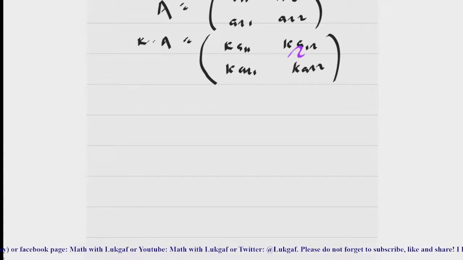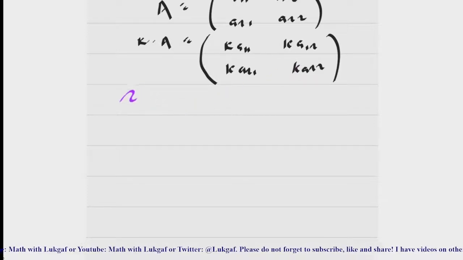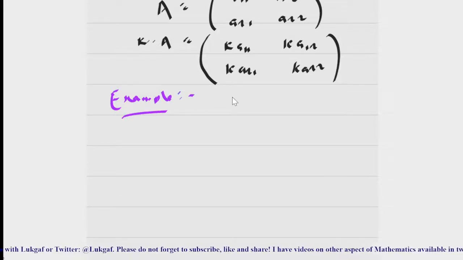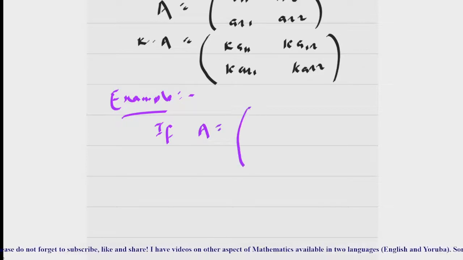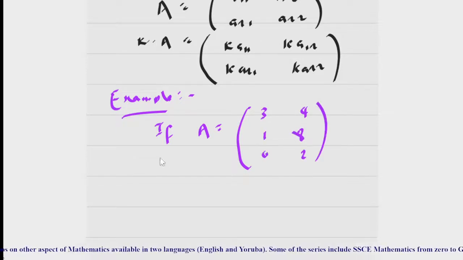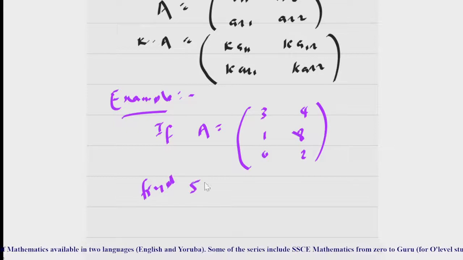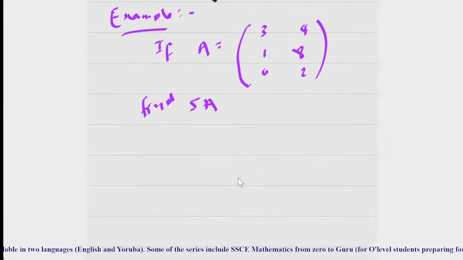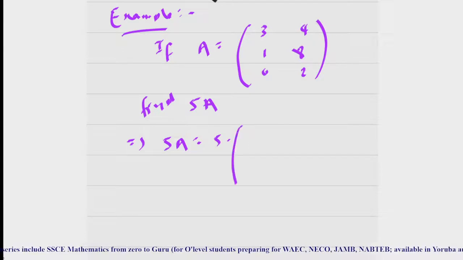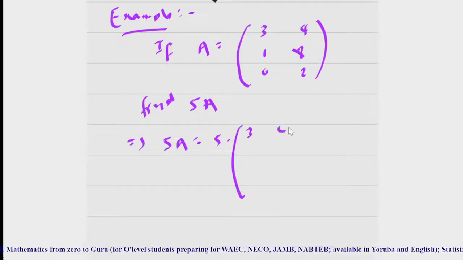So if that is clear, let me give you an example so that you can see what I've just said properly. Example, if A is equal to the matrix 3, 4, 1, 8, 0, 2, find 5A. You can see A is a matrix and 5 is a constant. To obtain this is not difficult. 5A will be 5 multiplied by this matrix.